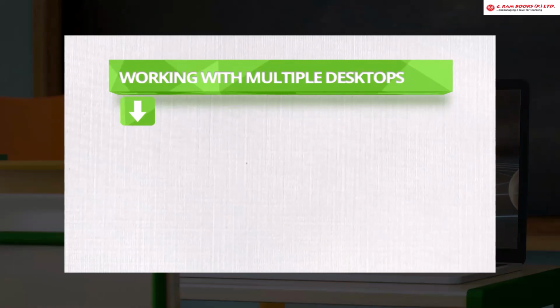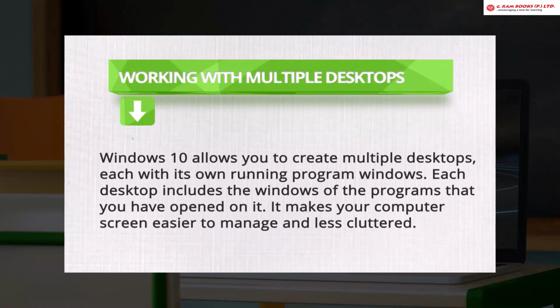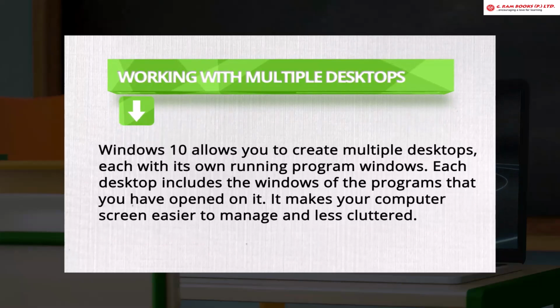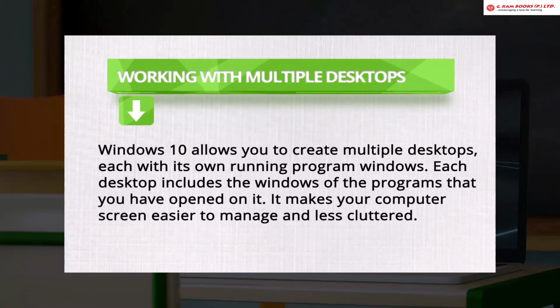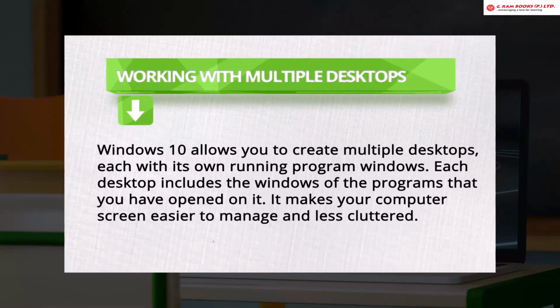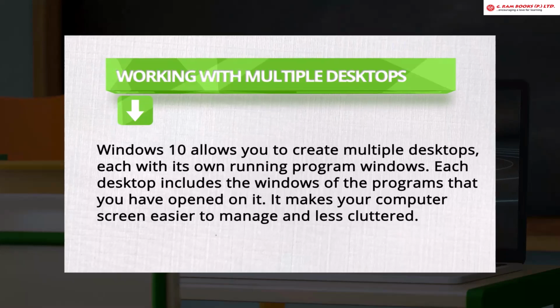Working with multiple desktops. Windows 10 allows you to create multiple desktops, each with its own running program windows. Each desktop includes the windows of the programs that you have opened on it. It makes your computer screen easier to manage and less cluttered.